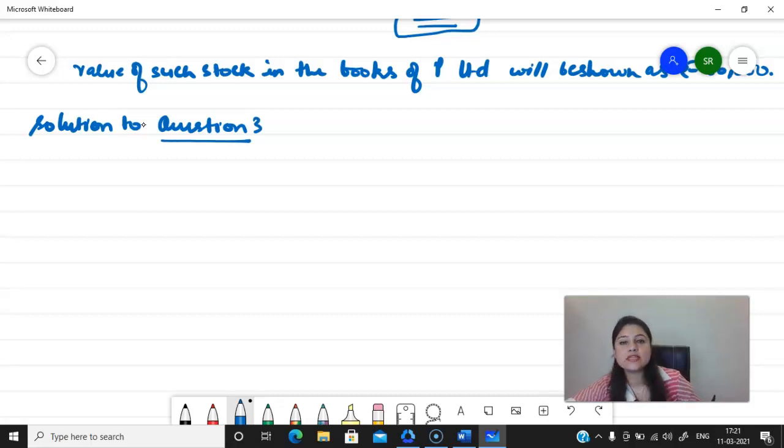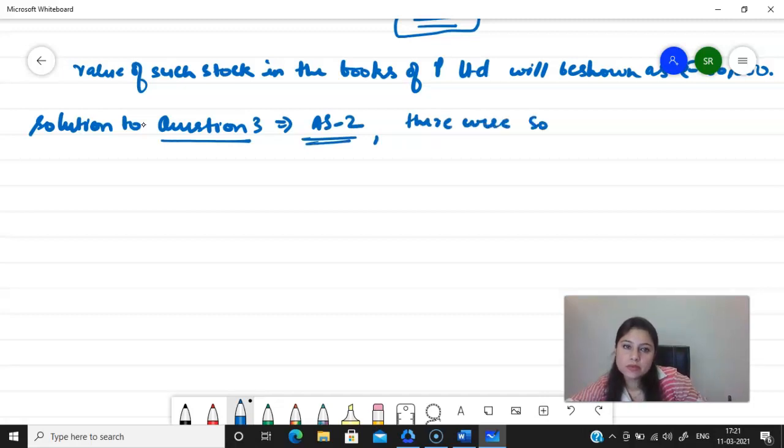So in that case, as you all remember, while covering accounting standard 2, there were some costs which have been specifically excluded. So this is to explain, this is not how you will draft.